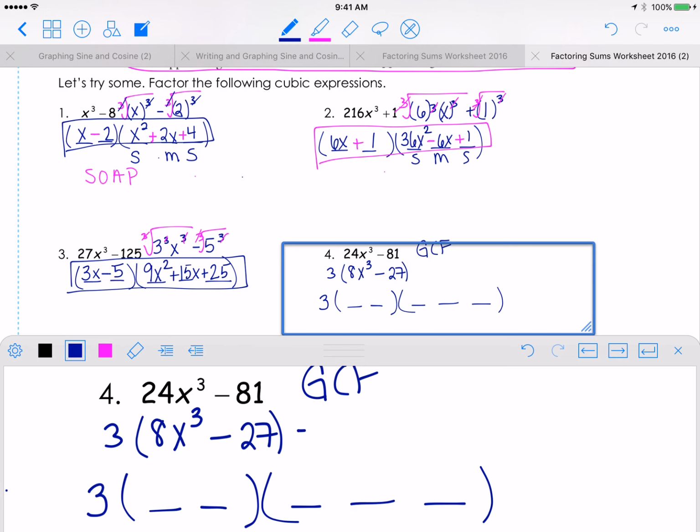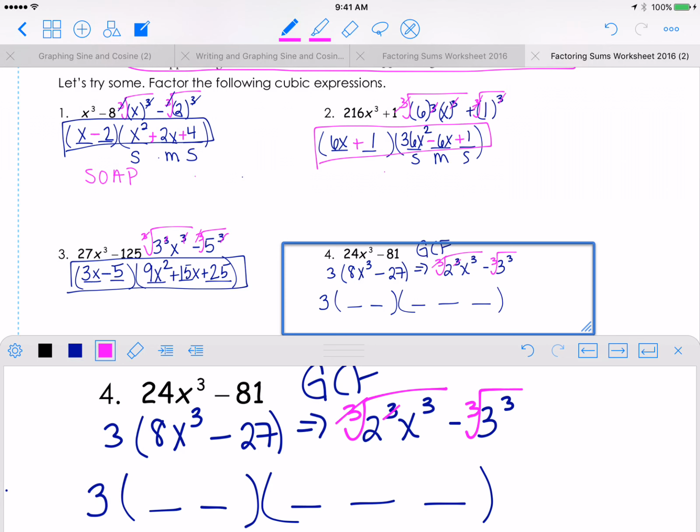So we can rewrite, let's do this again, rewrite 8 as 2 cubed, x cubed, minus 27 we could rewrite as 3 cubed. So then we cube root both terms. And we get 2x and 3. Same thing again, we're going to SMS.